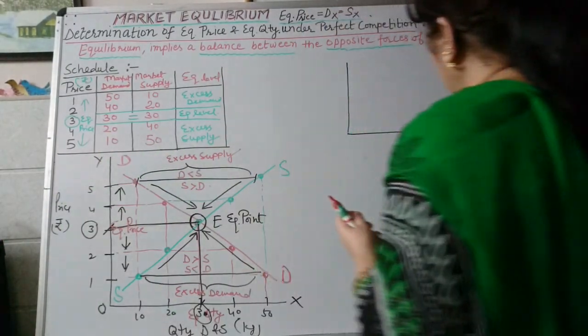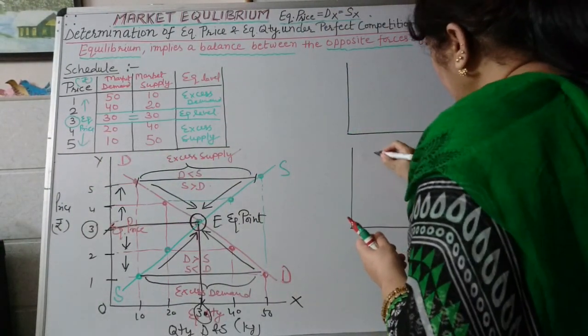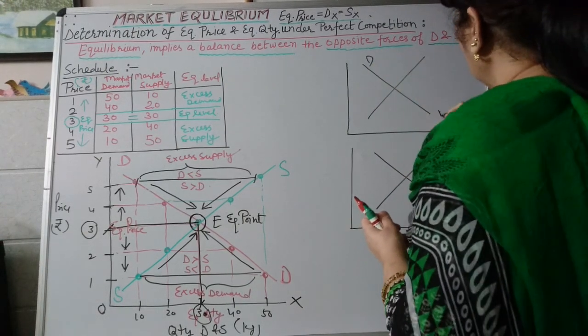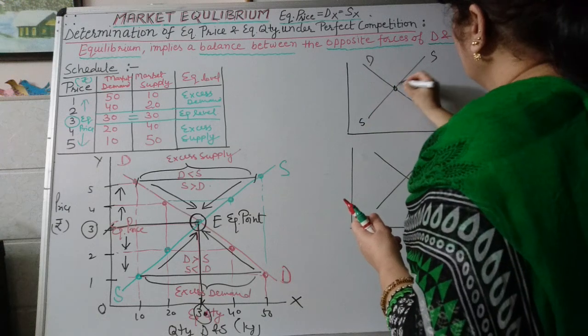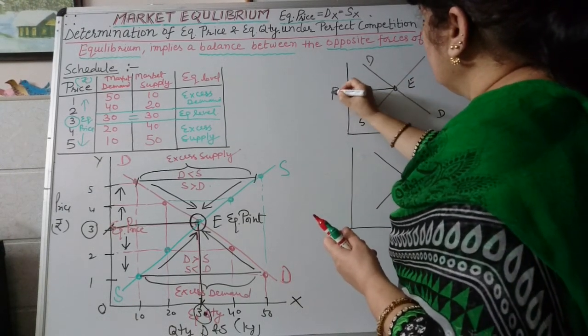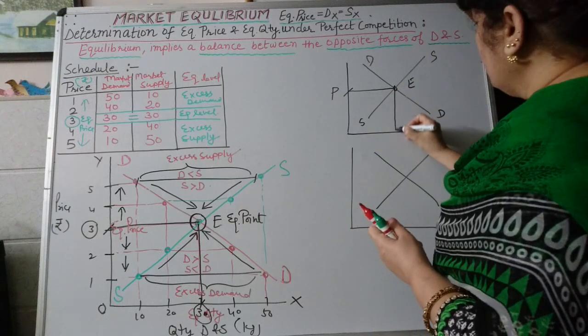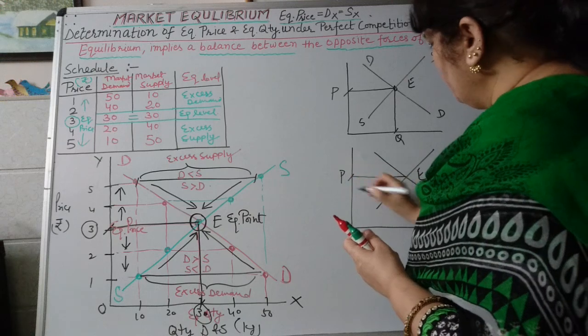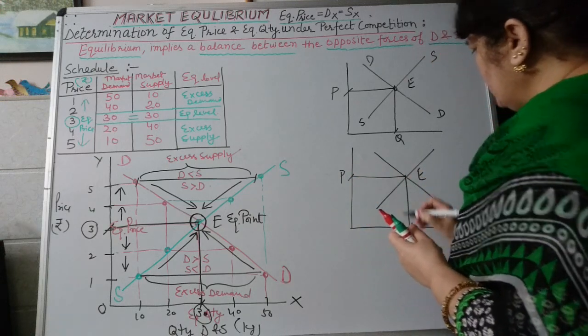We can draw these diagrams of excess demand and excess supply separately also. So this is the market equilibrium price, equilibrium quantity, OP is the equilibrium price, OQ is the equilibrium quantity.